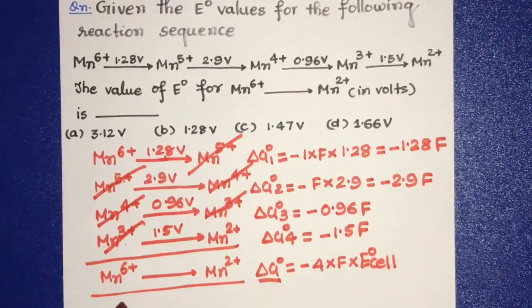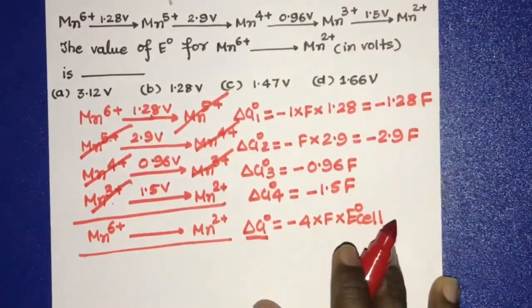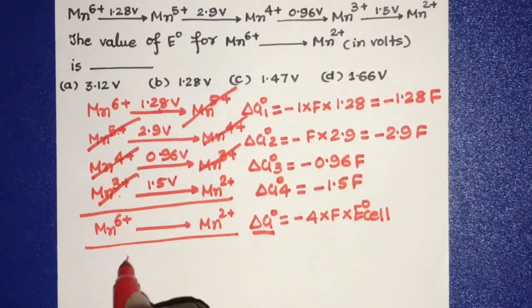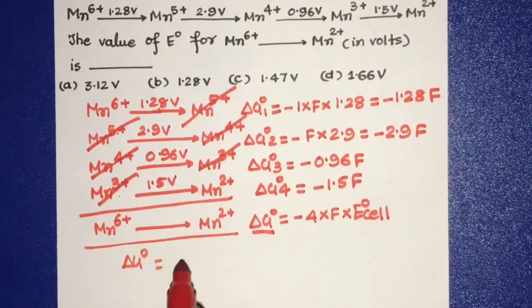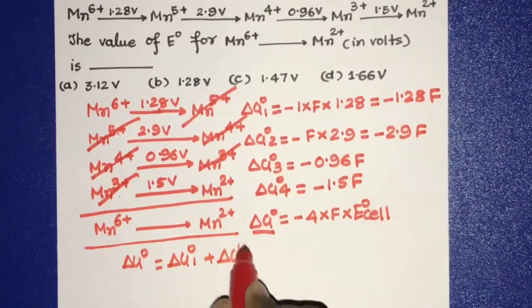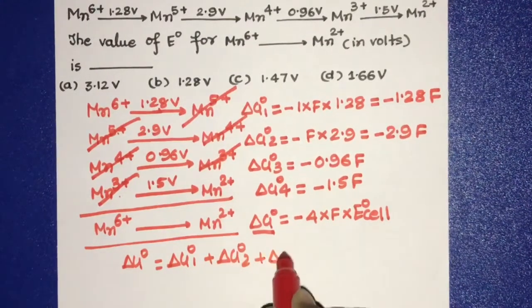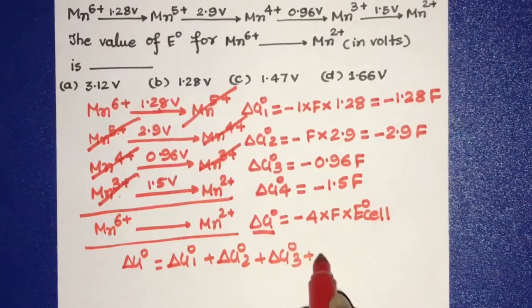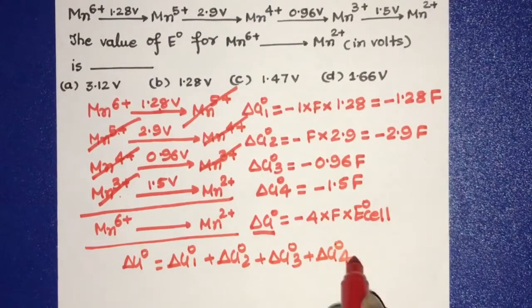So we can say that delta G naught equals delta G naught 1 plus delta G naught 2 plus delta G naught 3 plus delta G naught 4.